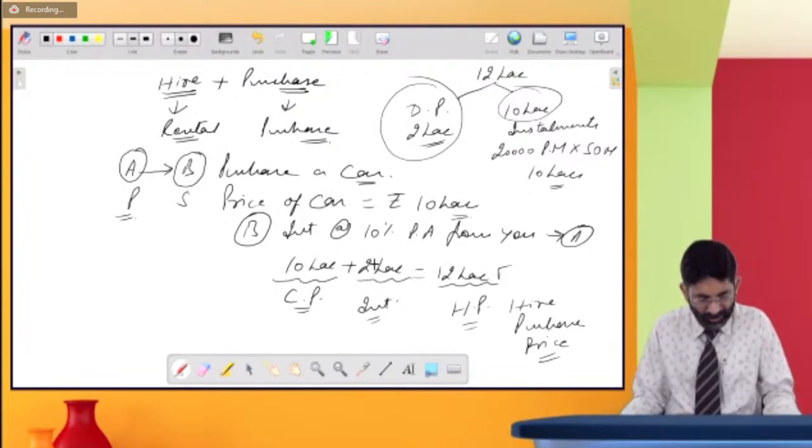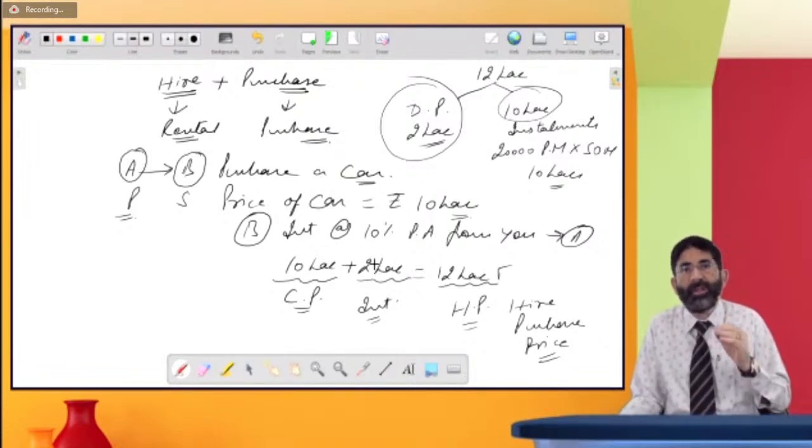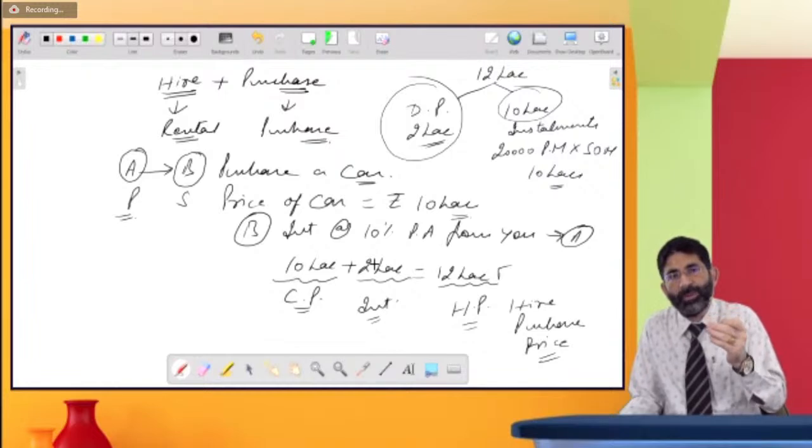How hire purchase is different from credit sale and leasing. In hire purchase and credit sale, there's a big difference. In credit sale, we are transferring the ownership at the time of sale.